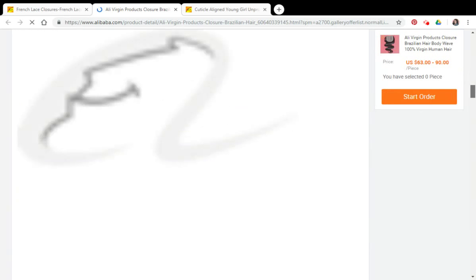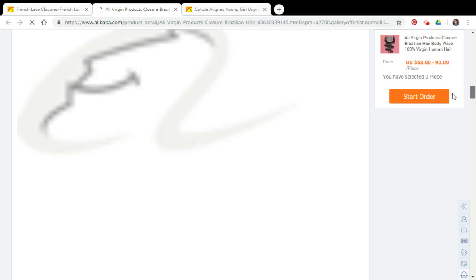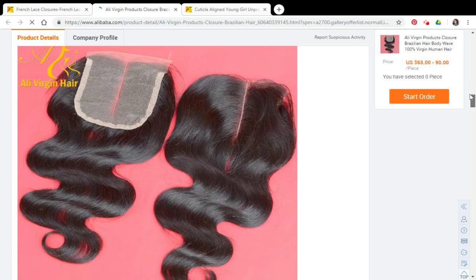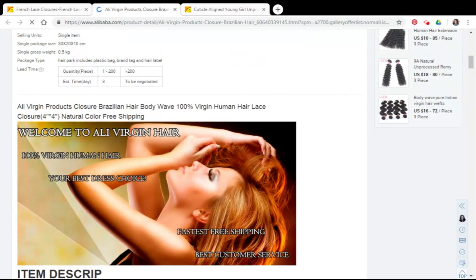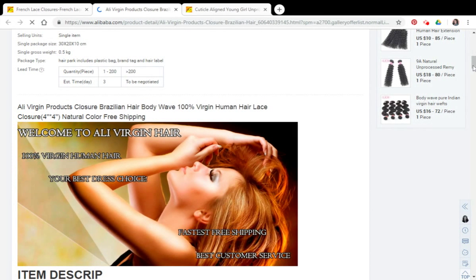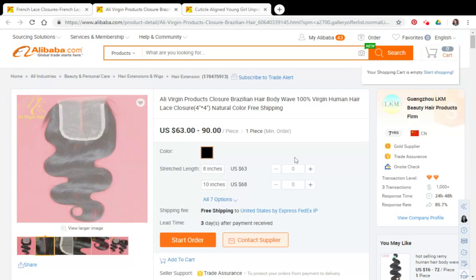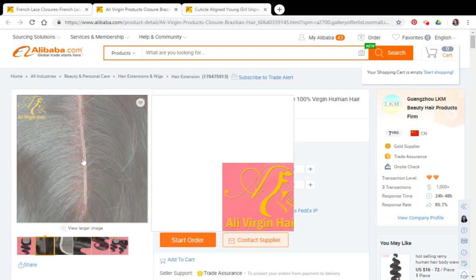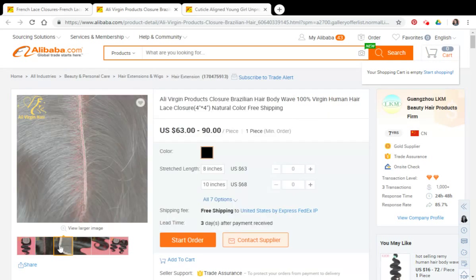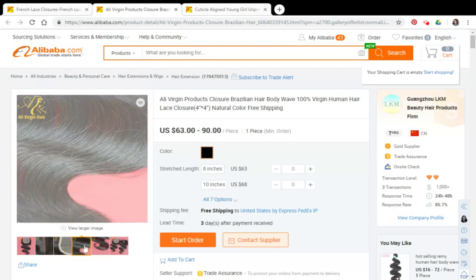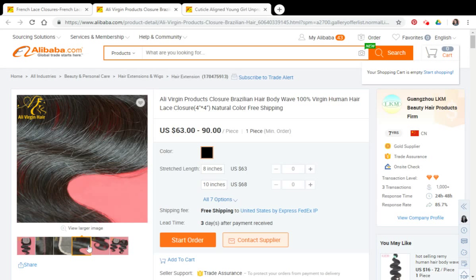And again, you want to look to see if they actually have photos of the products. So let's see if it fits our criteria. Okay, so they've been in business for 7 years. They actually have consistent photos of the product they sell. There's the lip around the outside of the product.